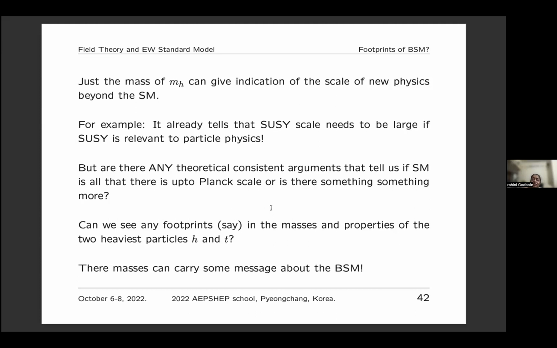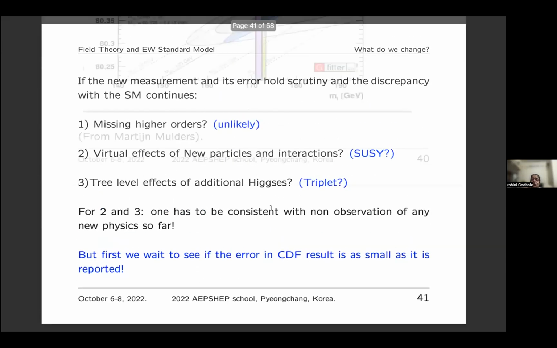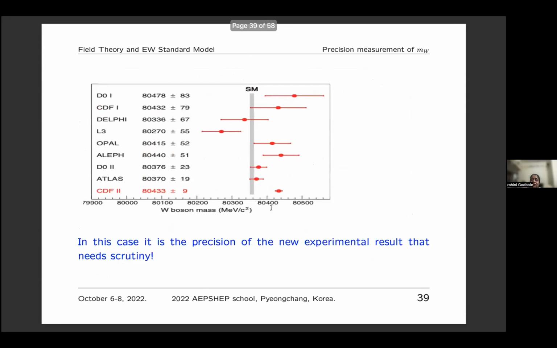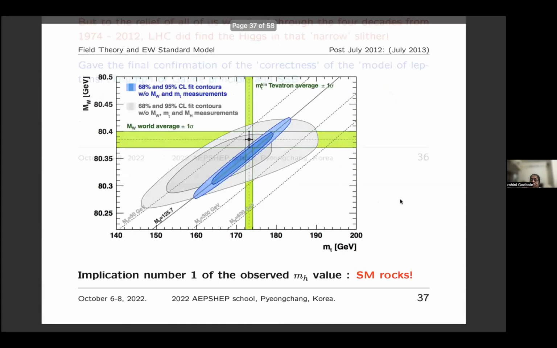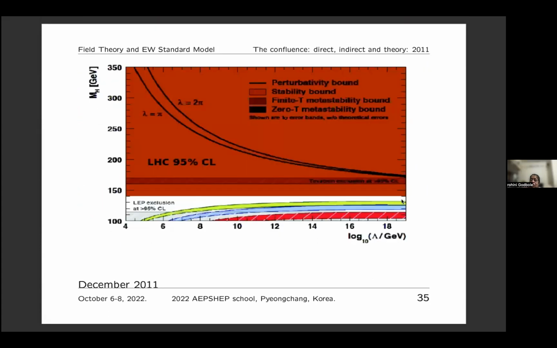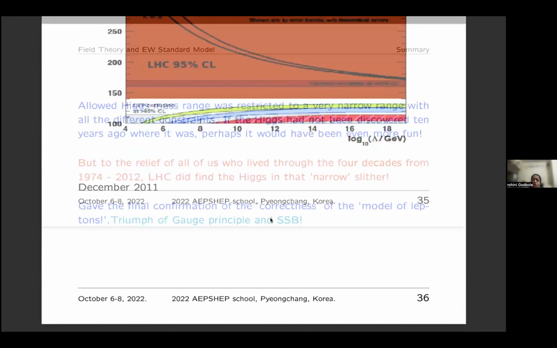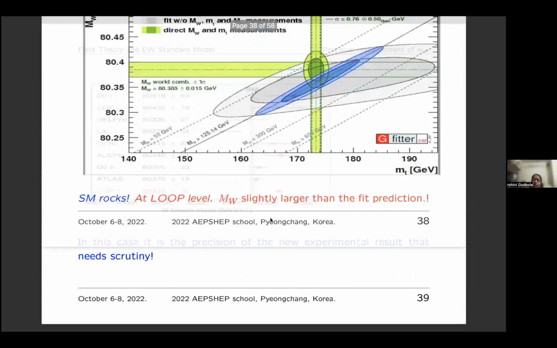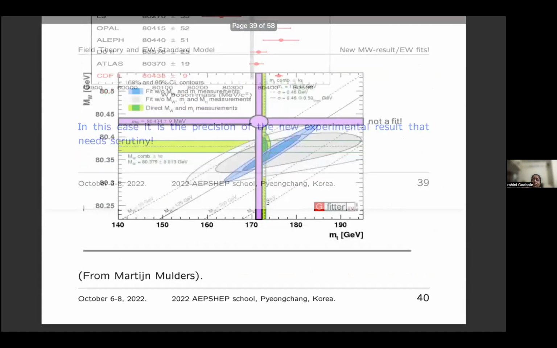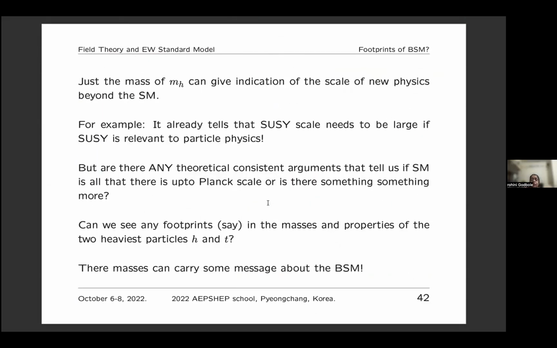Now you want to ask a different question, and that question is inspired by the fact that the observed mass of the Higgs is so close to this lower limit that was theoretically predicted from stability considerations. So the question one wants to ask is: can we use the measured mass of the Higgs to answer whether the standard model is all that there is up to the Planck scale, or is there something more?